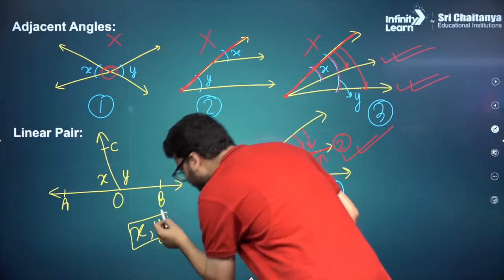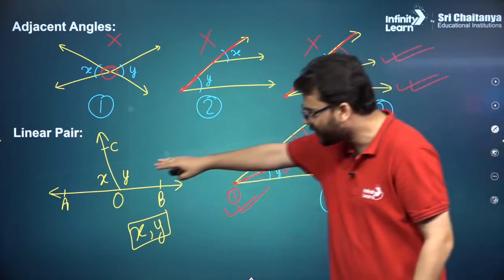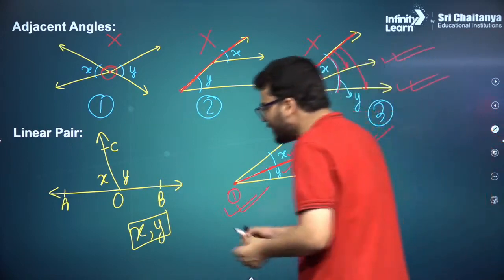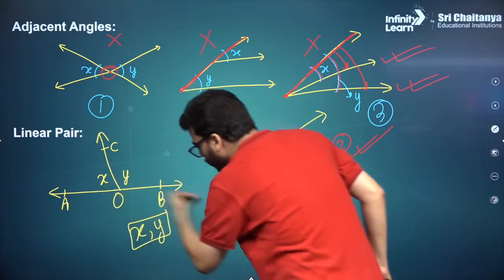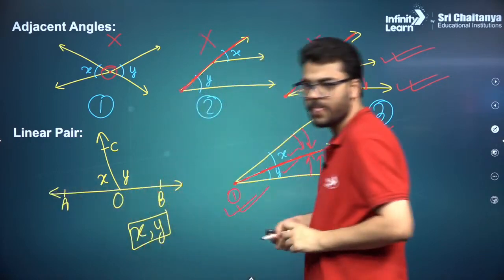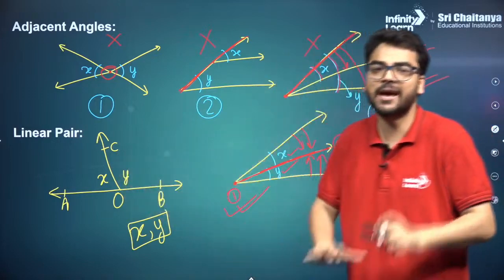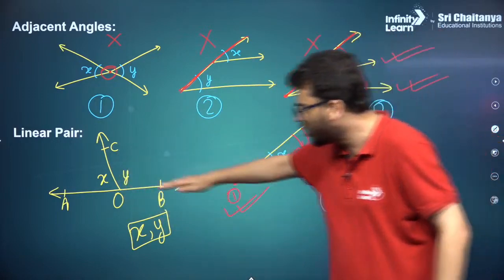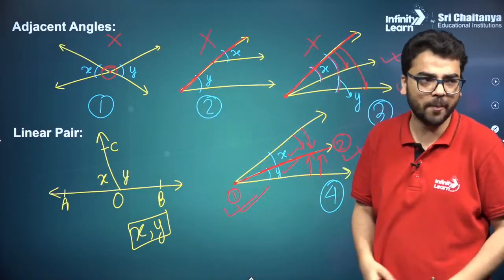We have understood the definition of adjacent angles. So X and Y are adjacent angles, and the non-common arms OA and OB are opposite rays. So linear pair means a pair of angles which are adjacent angles, and the non-common arms form opposite rays. I hope it is clear.